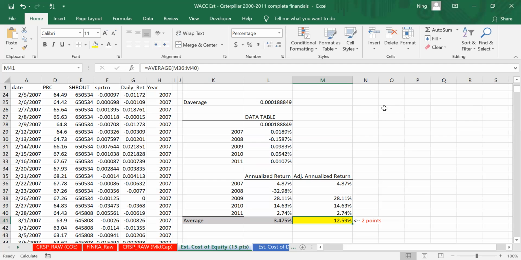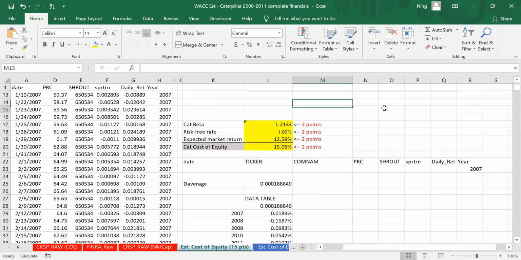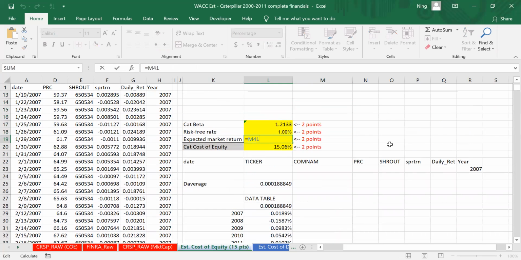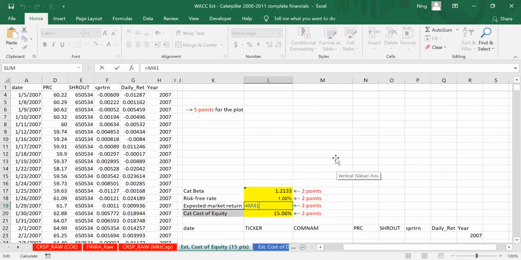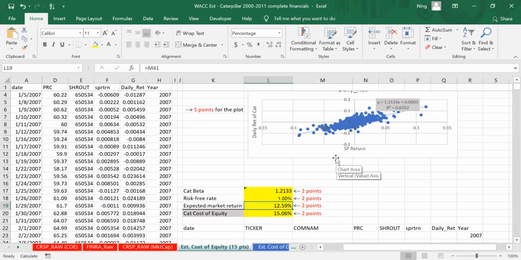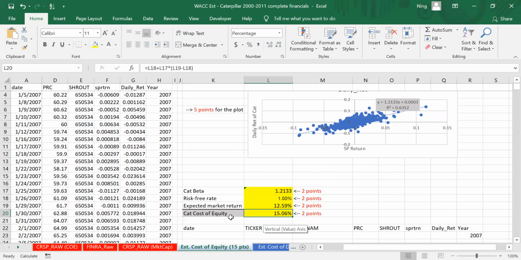In this case, 12.59% is okay. So now we have estimated the annualized return. We'll just link our expected market return to this estimated annualized return, use it as the input variable for CAPM, and then compute CAPM, which gives us the estimated cost of equity for Caterpillar. In this case, it is estimated to be 15.06%.